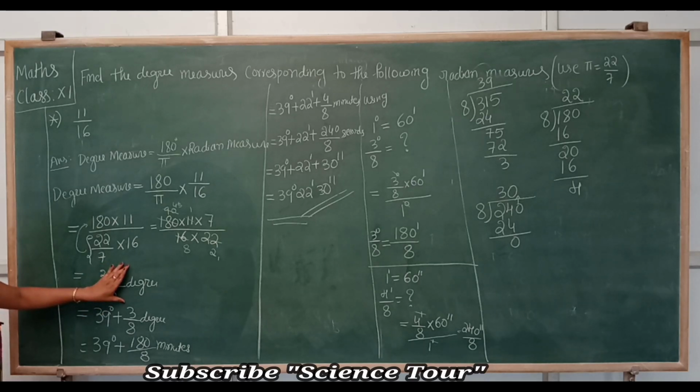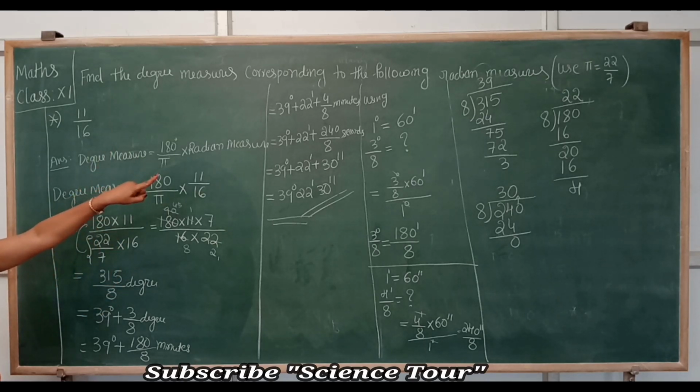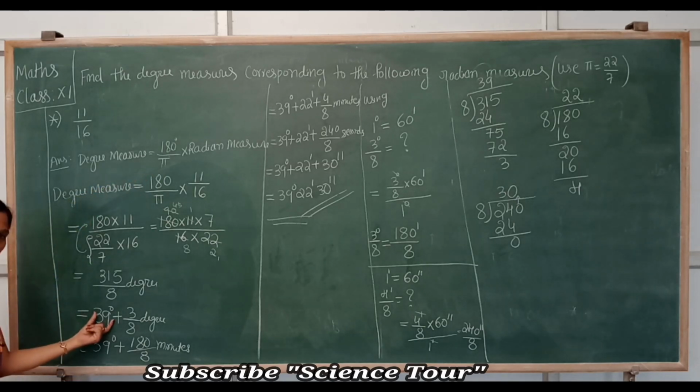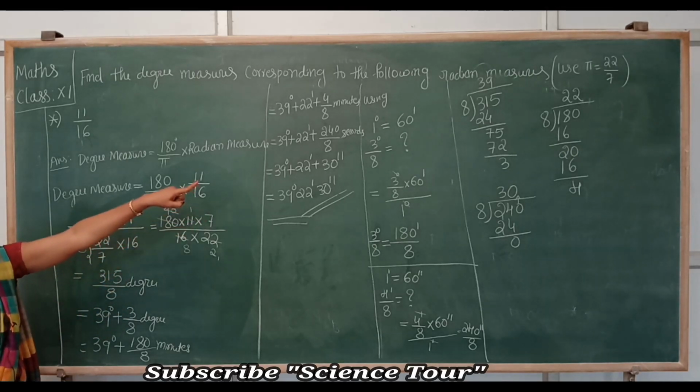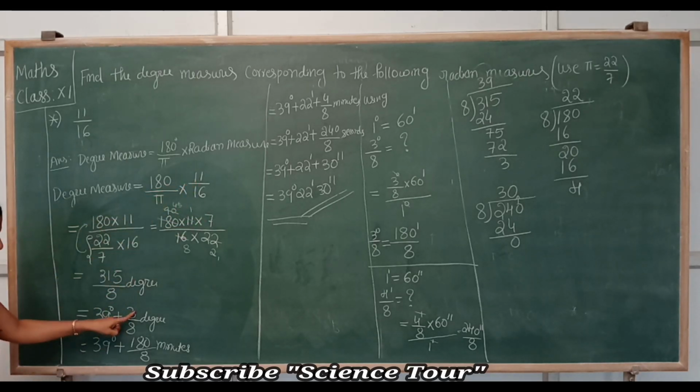How to remove this fraction? Divide it. While dividing, whatever quotient you get, write it as the whole number, 39 degree plus the remainder divided by that 8. So 3 divided by 8 degree. So 315 divided by 8 can be separated as whole number plus fraction.